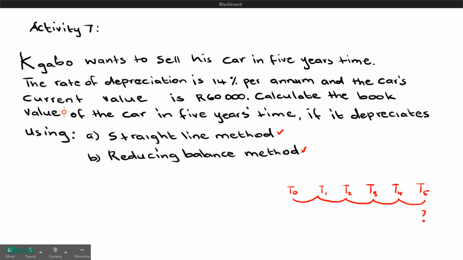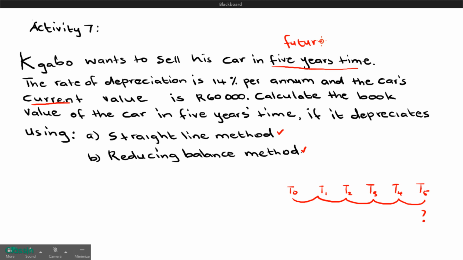Again, the current value of the car is 60,000. The car's current value is 60,000. Current, it talks about now. He wants to sell the car in 5 years' time. So in 5 years' time, they are talking about the future.